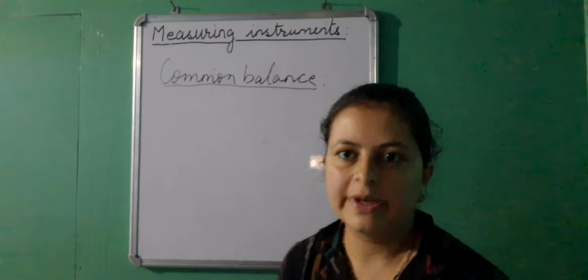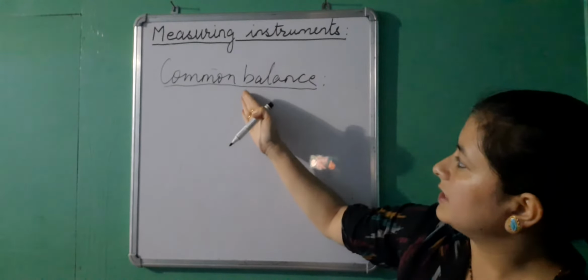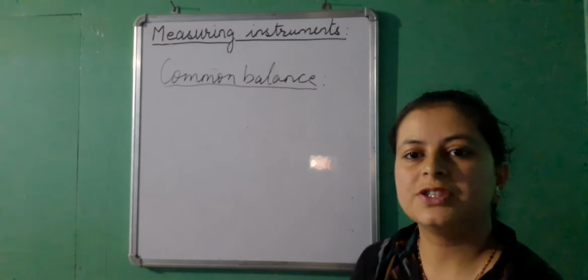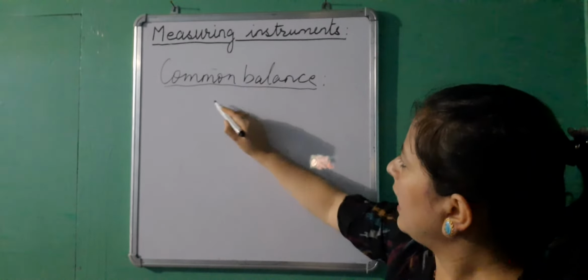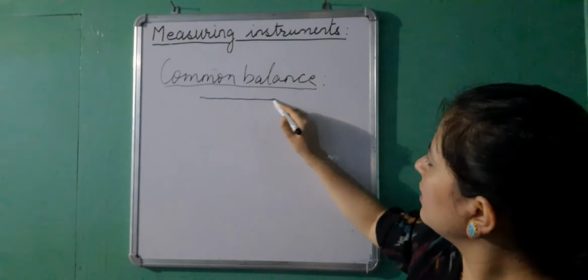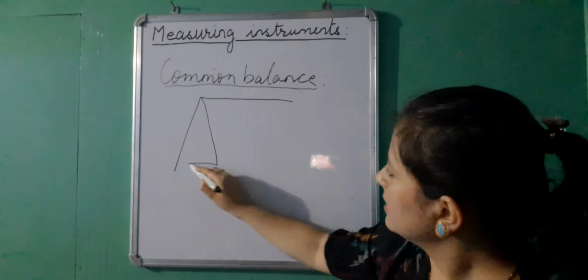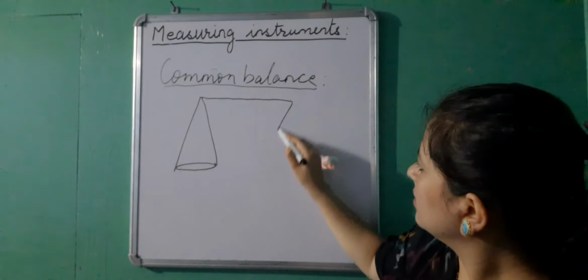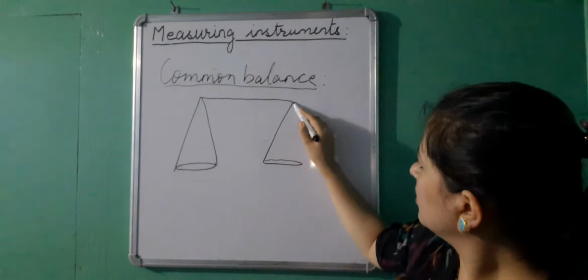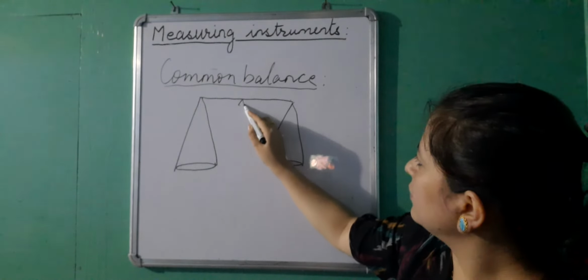The next instrument we have taken here is a common balance, which is used to measure mass. Okay, and if I take the very common beam balance, we all have seen it. It has got two pans with a fulcrum in between.